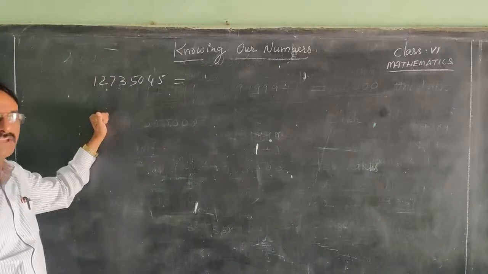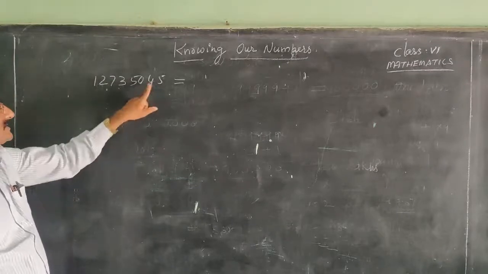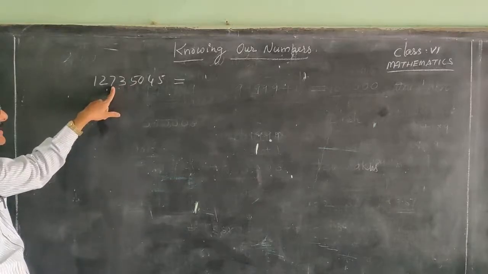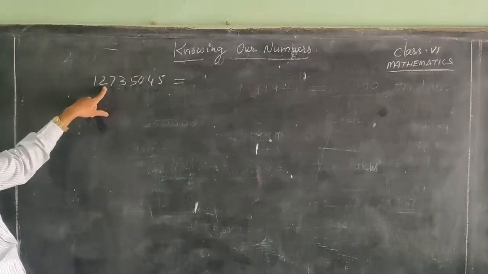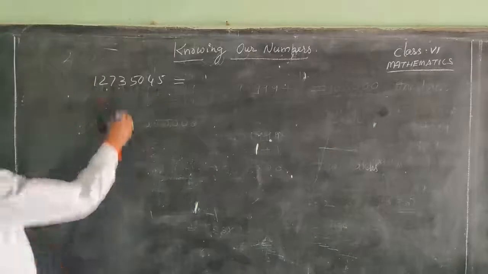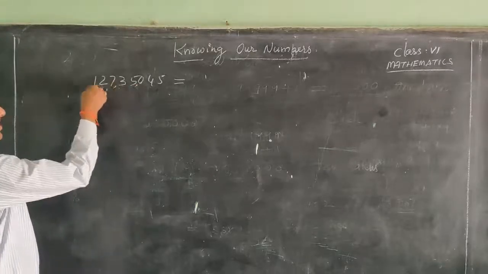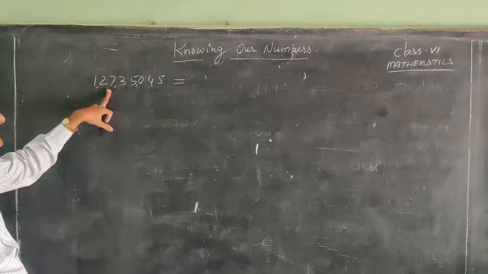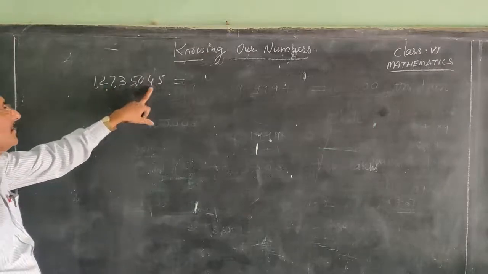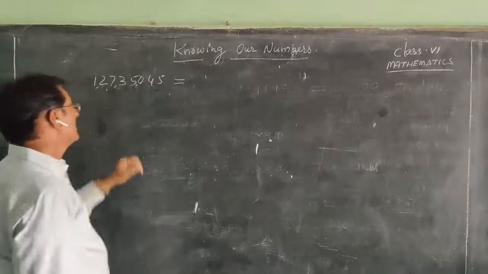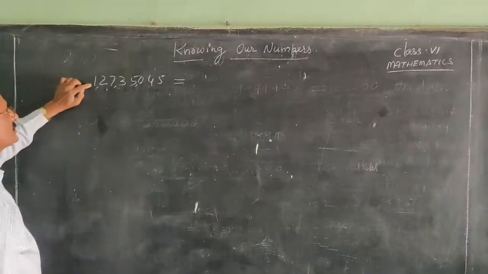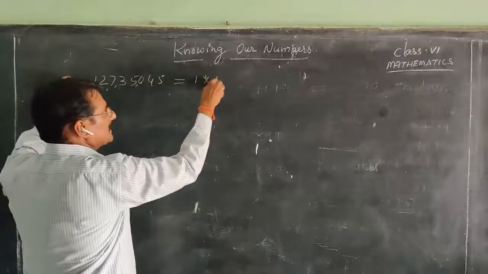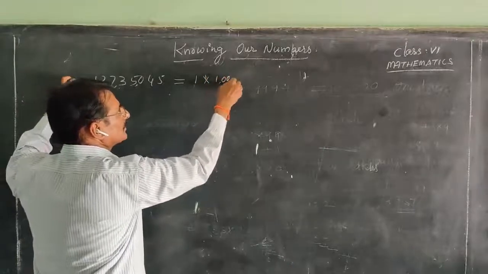As per their places: ones, tens, hundred, thousand, 10,000, lakh, 10 lakh, crore. 1,27,35,045. As per the place value, which digit is in the crore place? 1. In which place? Crore.